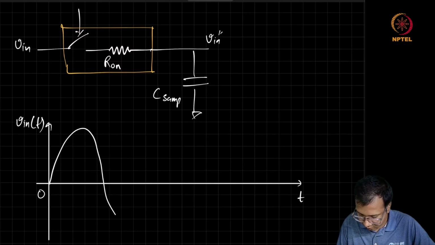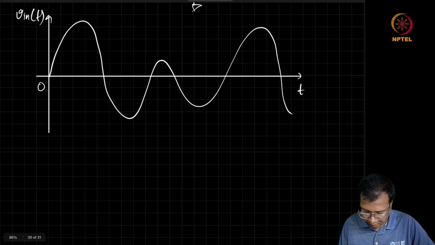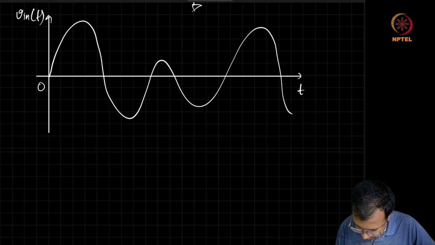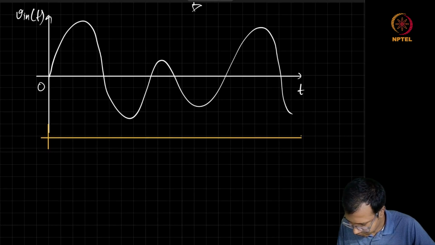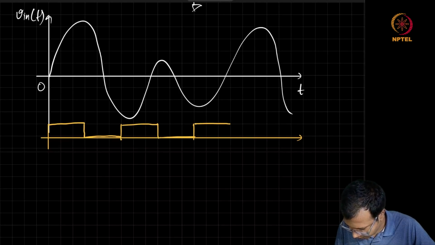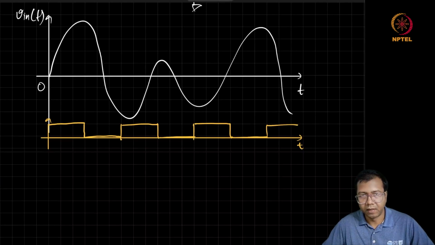Say this is the input signal, and we are trying to sample it with the help of a clock signal.